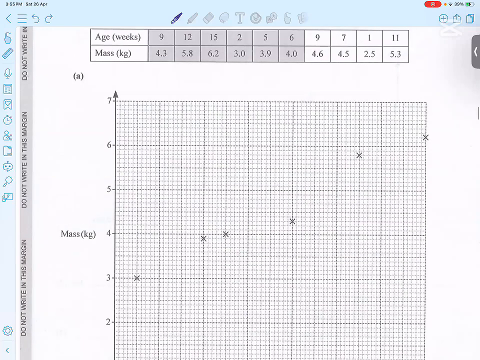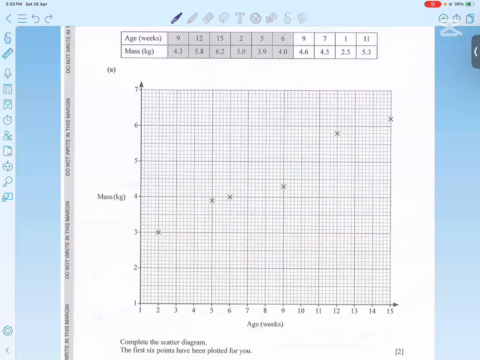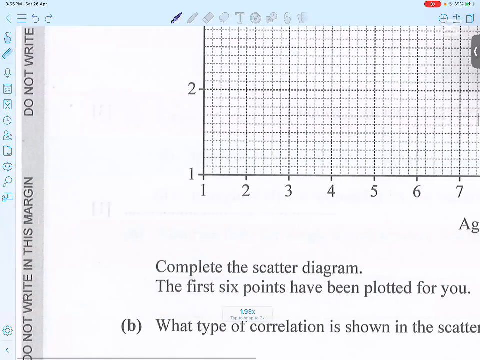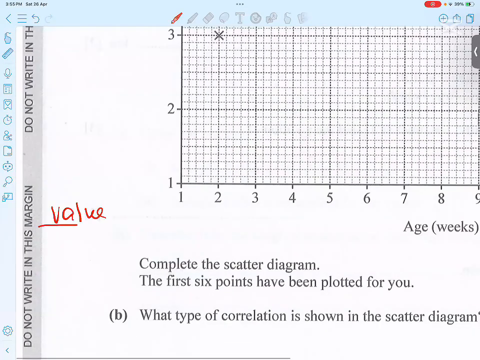Very interesting part. We have a special formula for this kind of question. What is the formula? Value divided by number of boxes is a very, very important formula to get a scale. For example, this is a value of 1, and I'm dividing 1 by the number of boxes, 1, 2, 3, 4, 5.